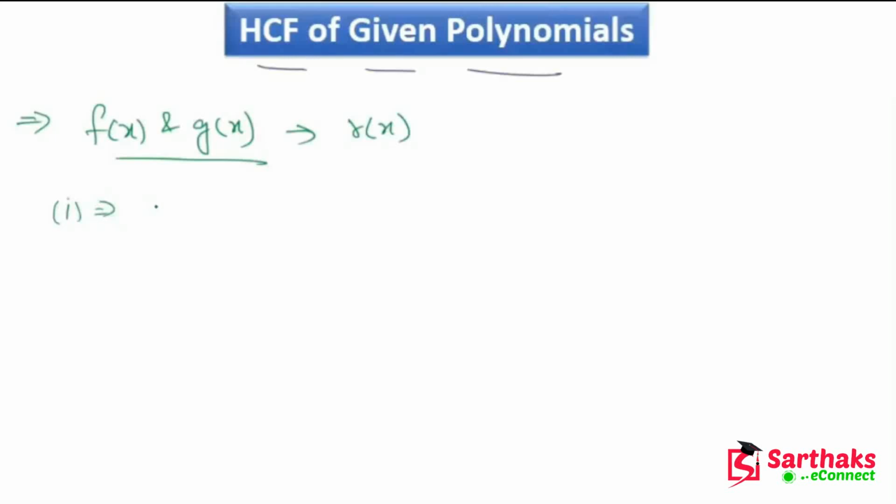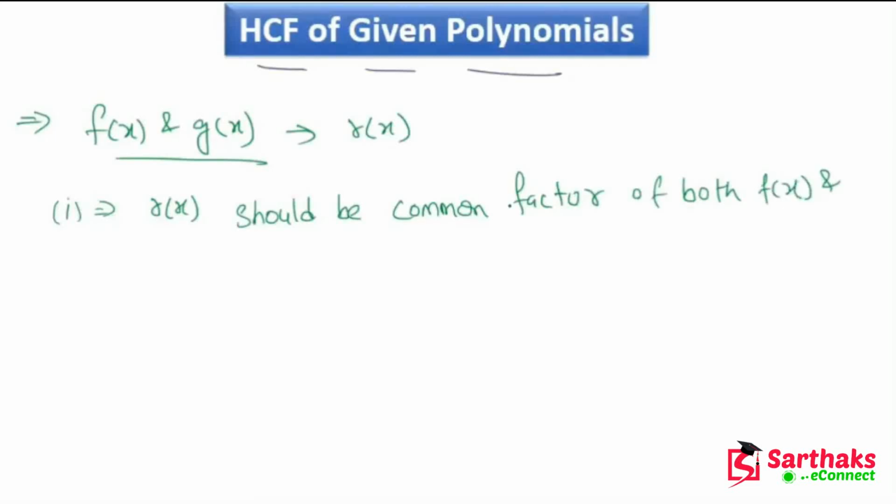The first condition should always be that R(x) should be a common factor of both f(x) and g(x). These are two polynomials. Okay, so my dear friends, I hope you understand these things.